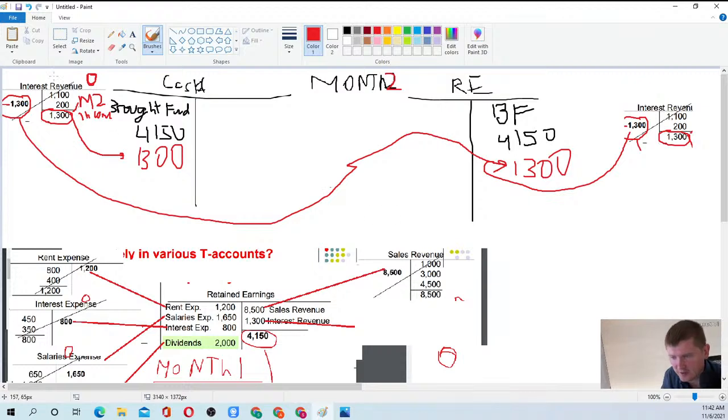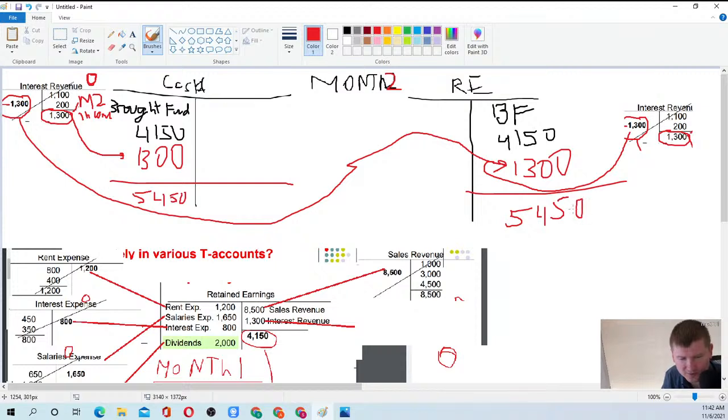And that way, again, we zeroed out that account in month 2, and at the end of the month we have 5,450 here and 5,450 here. That's what T accounts are for.